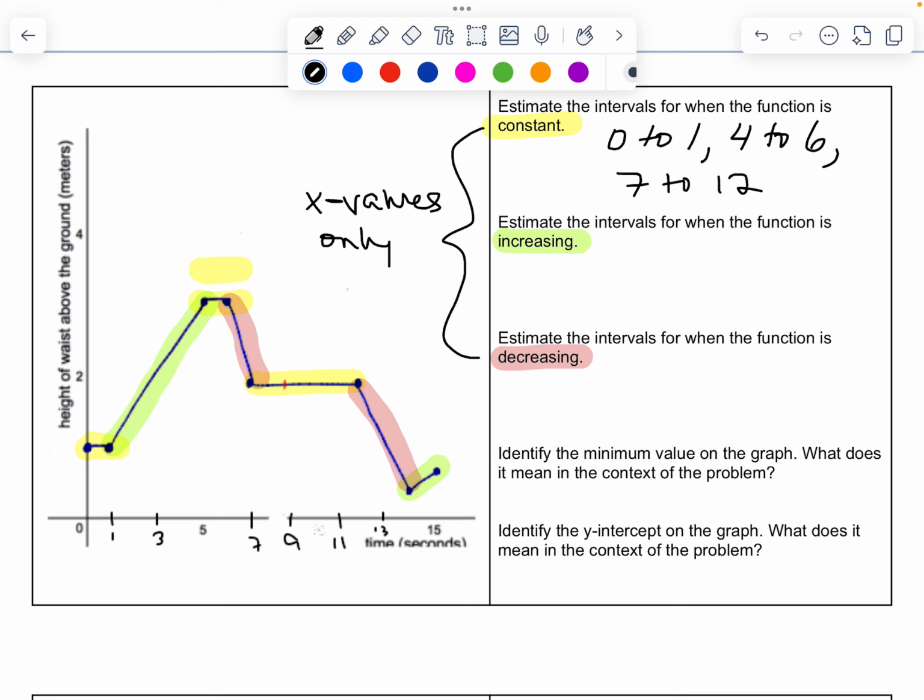All right, how about increasing? So that's when the graph's going up. That's the green markings. I'm going to say 1 to 5. Looks like when it's going up, and then at the very end, it looks like 14 to 15 is when it's going up as well. And then finally, the decreasing is when we see the negative slope. It's going down.